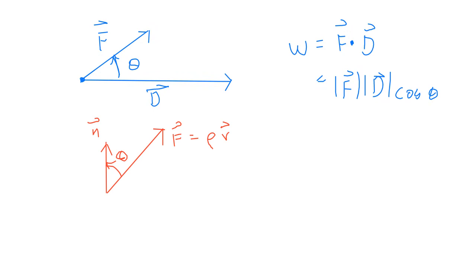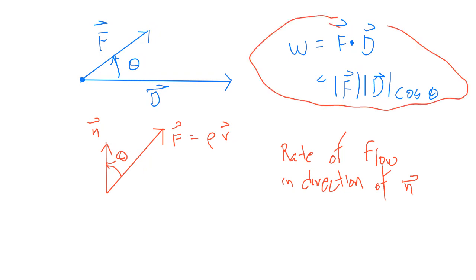So if we want the rate of flow in the direction of the normal vector, then just like we did up here, we have to take the dot product of our vector field with the normal vector.